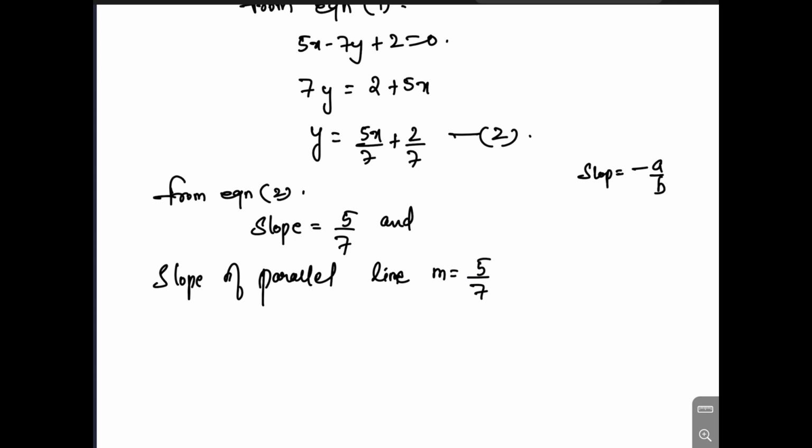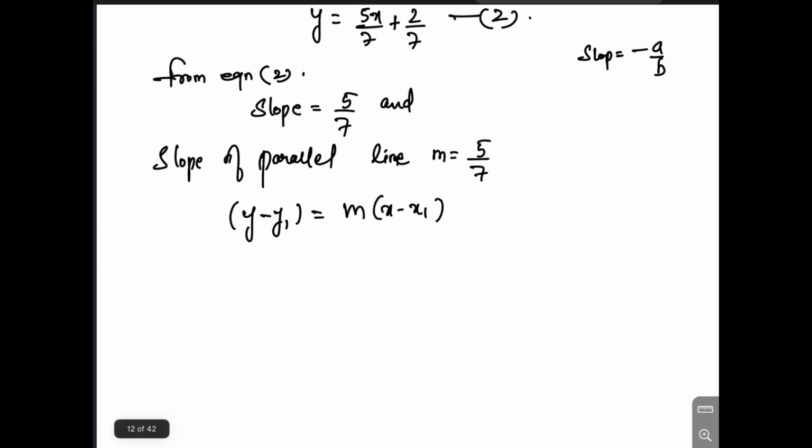Now we know the equation of the straight line: y minus y1 equals m into (x minus x1). Let's substitute all the values: y minus 4 equals 5 by 7 into (x minus 1).